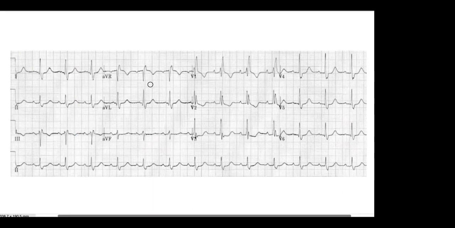Does it correspond to the QRS complex, or is there an inversion? In this case, we see an inversion of the T wave on V1. You see a negative inversion, and the QRS complex is positive. So our conclusion here would be a left bundle branch block.